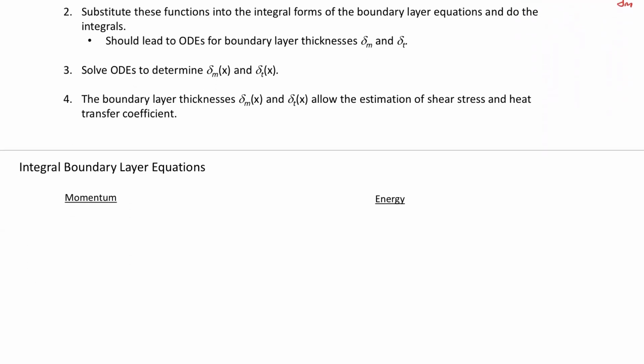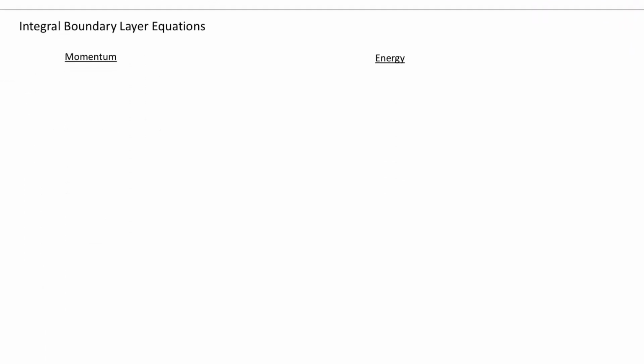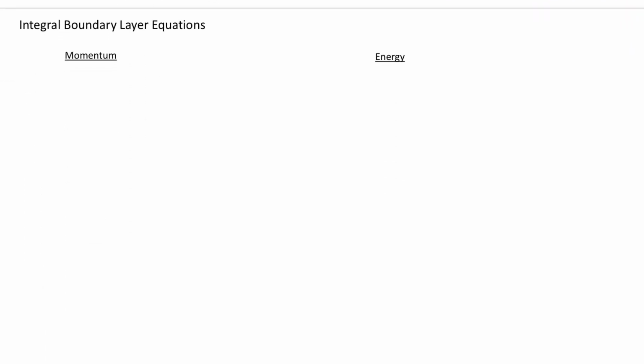All right, so how does this integral method work? Again, we do this for both the momentum and the energy part. Let's start by looking at the momentum equation. Let's write out our momentum equation in the x direction.